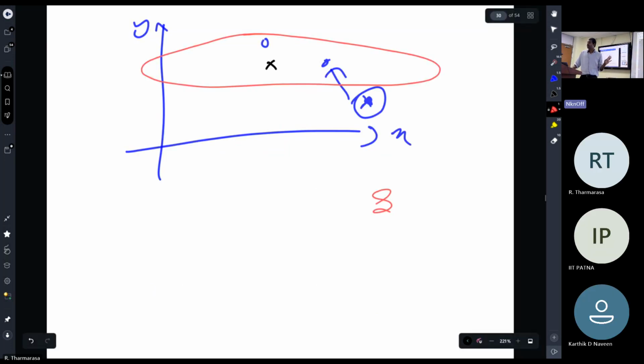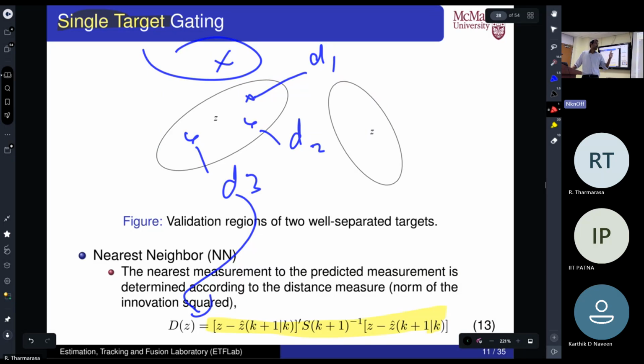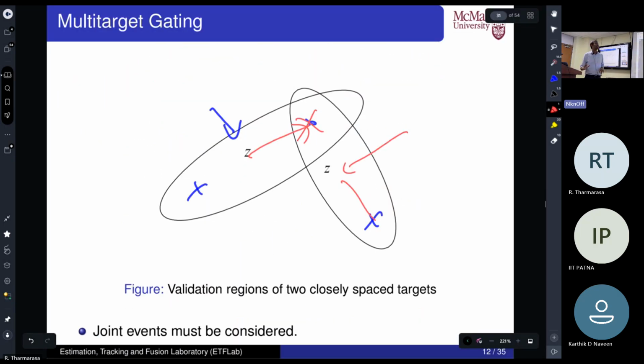As long as I believe at least you understand this part, this is the small change you would do if you want to do it suboptimally, one by one. First take the first target, do the gating, associate, and remove that from the measurements to process for the following targets, and repeat. That's a suboptimal approach, but it's reasonably okay.